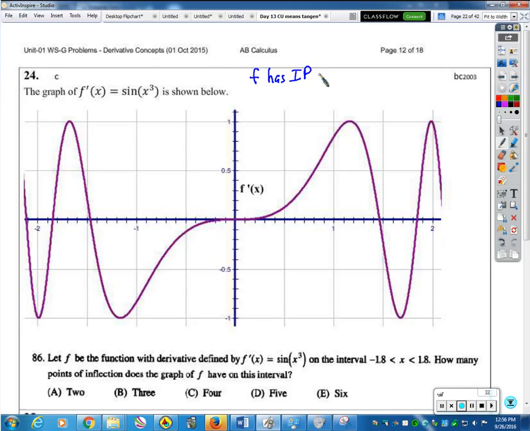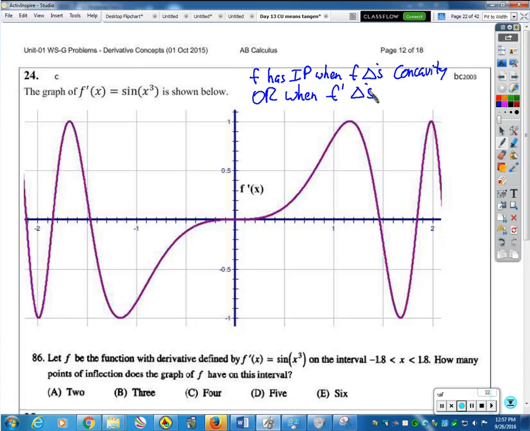So f has an inflection point when f changes. Somebody, what goes there? Concavity. f has inflection points when f changes concavity. Or when f prime changes.